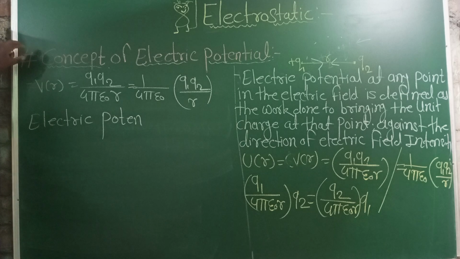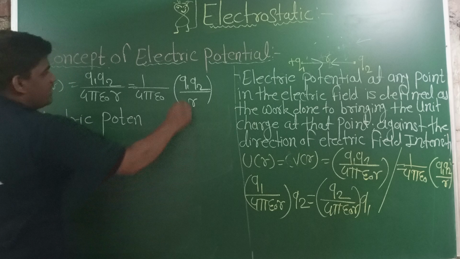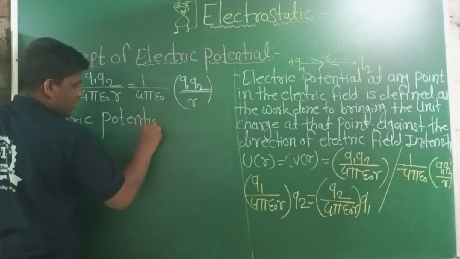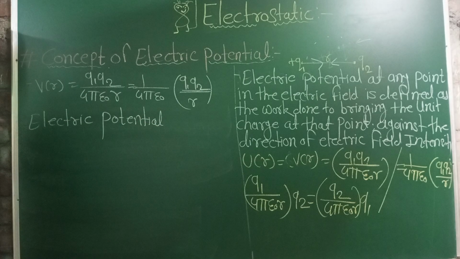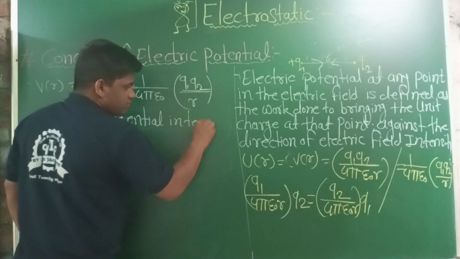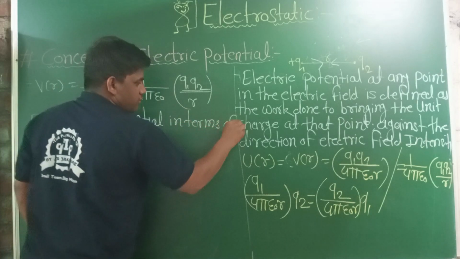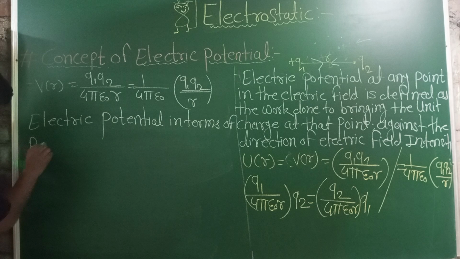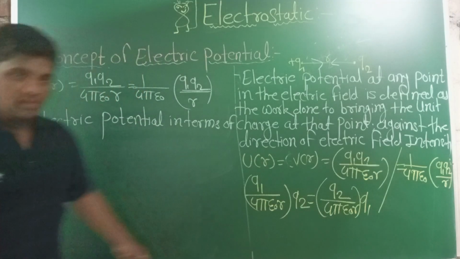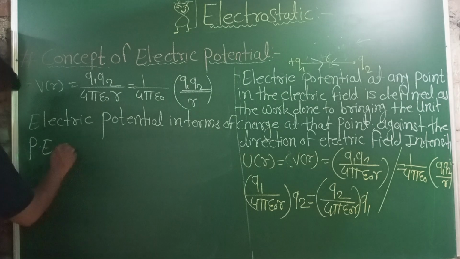Again, the electric potential depends on the charges and the separation distance between these two charges. Then the electric potential in terms of potential energy, in terms of P.E., means in terms of the potential energy of two charges.